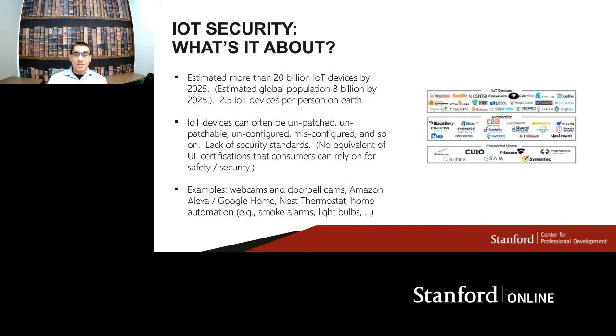As a result, there are tons of these IoT devices that perhaps cannot even be patched. If a security vulnerability is found in the code that runs on these devices, it may not even be possible to update the code so that the device is no longer vulnerable.